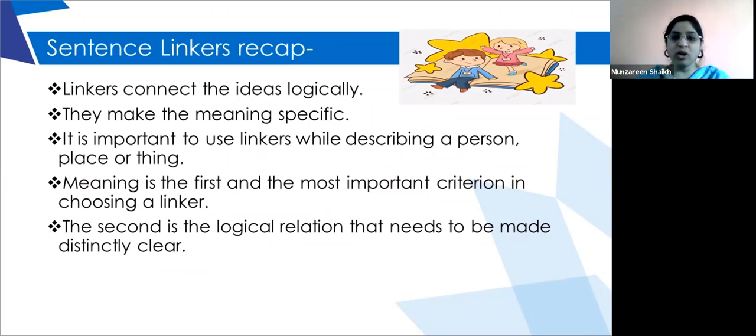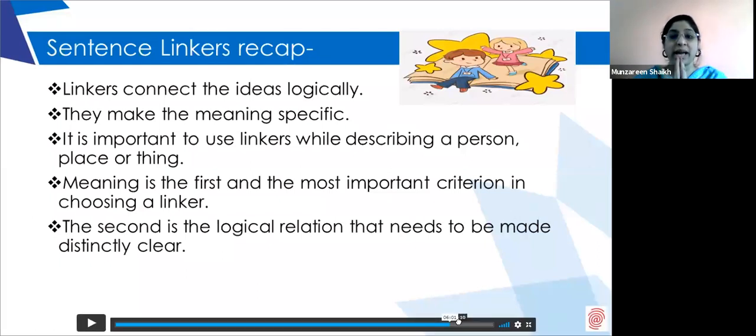The second is the logical relation that needs to be made distinctively clear. Whenever the logical relation needs to be distinctively clear, you use linkers. Okay, children, everybody's clear till here? Everybody understood?